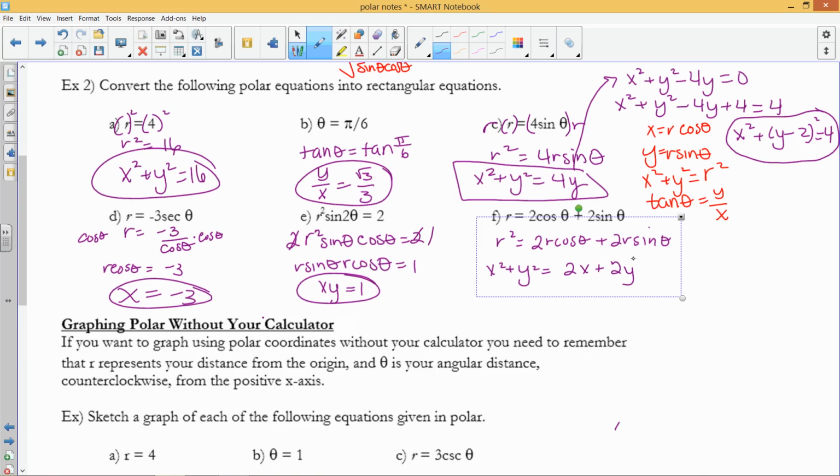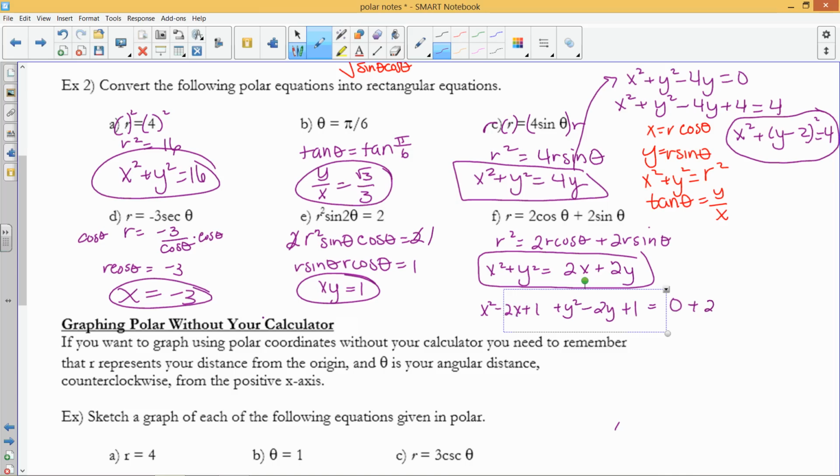This would be another circle if you wanted to complete the square. And if you did that, you'd have x squared minus 2x plus y squared minus 2y equals 0. Complete the square would mean add 1 twice, so really add 2 to the other side. X minus 1 squared plus y minus 1 squared equals 2.